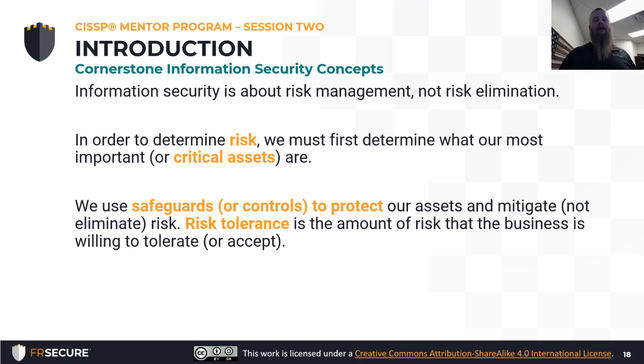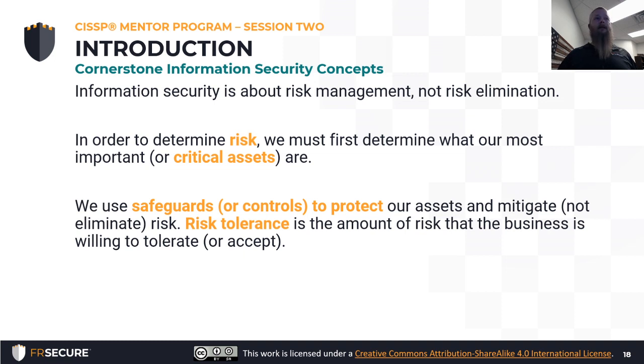Risk tolerance is how much risk I'm going to accept. If you remember on Monday, there are two things that a CISO does in simplistic terms. One is consult the business on information security risk so that they can make good risk decisions. Those risk decisions end up being our risk tolerance. So the risks that they'll accept, mitigate, transfer, or avoid, those are the only four choices you get with risk.